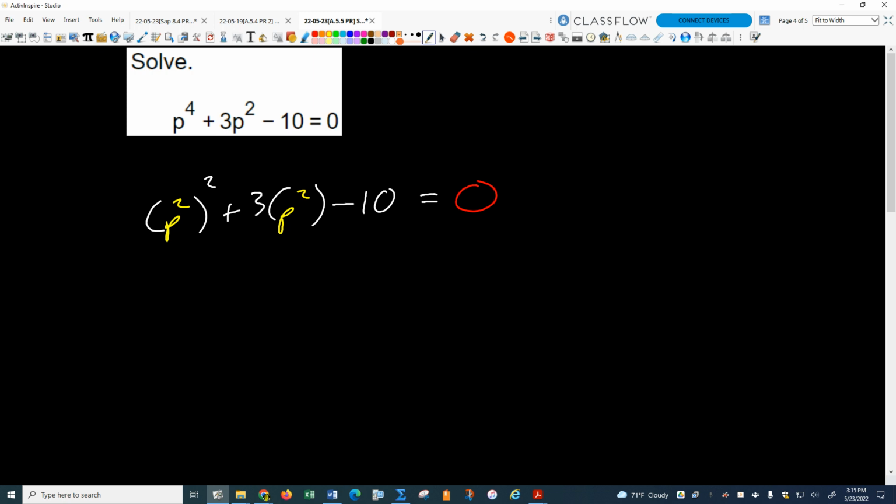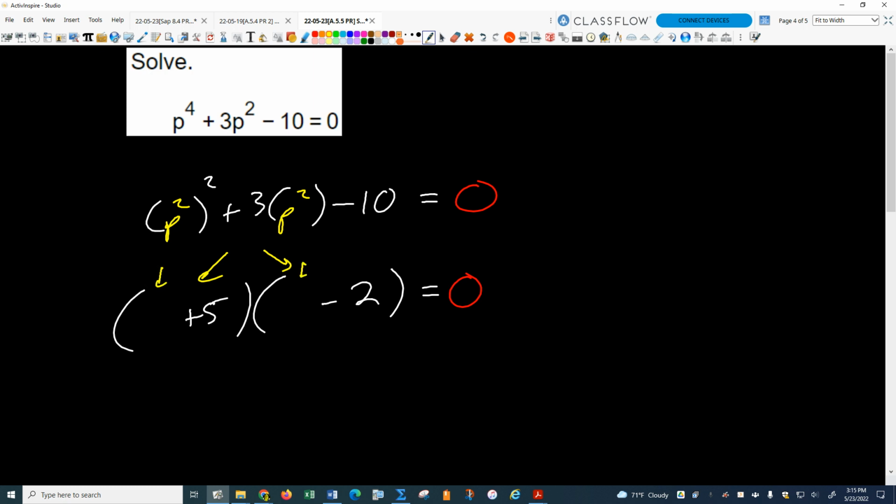Are there magic numbers so we could factor that trinomial? That multiply to negative 10 and add to 3? 5 and negative 2, right? Okay. So then this would split up into the magic numbers plus 5 and minus 2, but what has to go there and there?